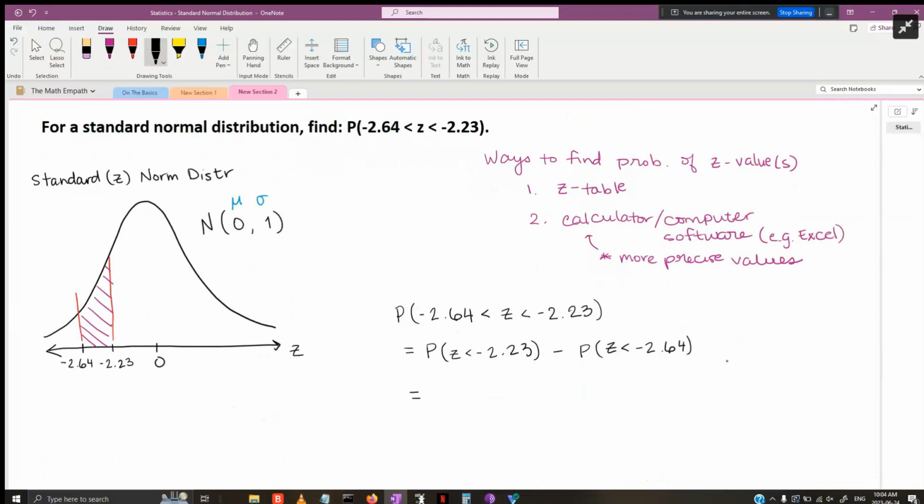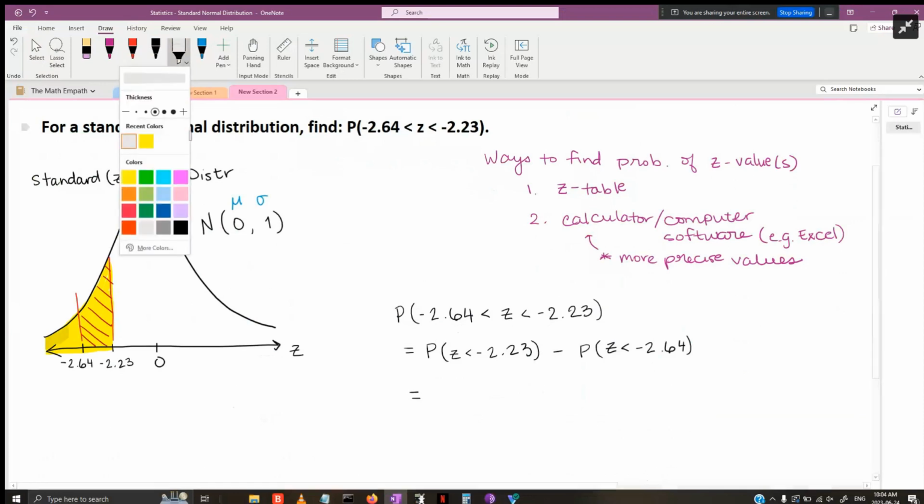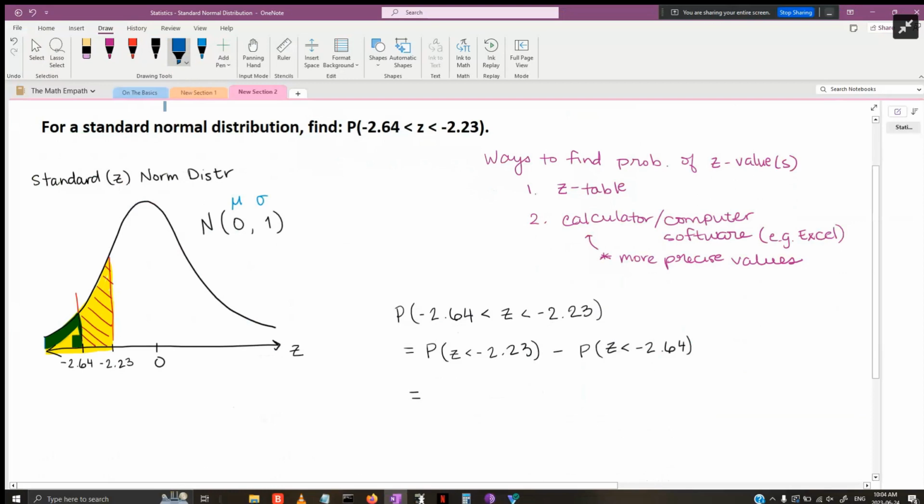So that's why you see the first one is the probability of z up to negative 2.23, which is the bigger one. It's more positive, quote unquote. So if I were to shade using the yellow highlighter, you see I'm going all the way up to the second red line. And that's an area we're going to find first. And then we're going to subtract from that the area going up to, for the second area, negative 2.64.